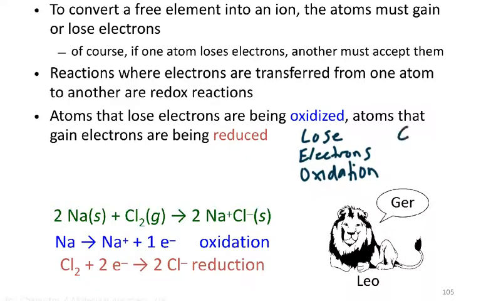And then he says grr, gain electrons, reduction. That's an R. The other one you might know is oil rig. Oxidation is loss, reduction is gain. Either one of those is fine, or you can just remember what they are. You know, if you don't want to use an acronym, that's fine too. I don't really care.